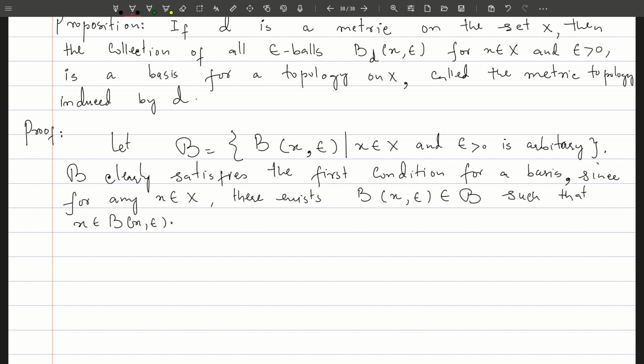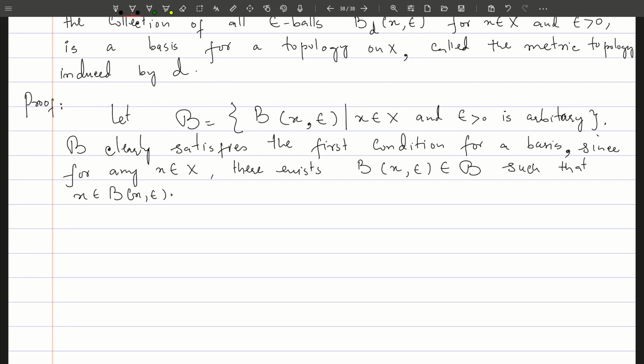Now before we prove the second condition, we'll first prove the following.